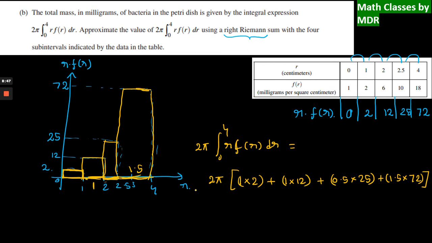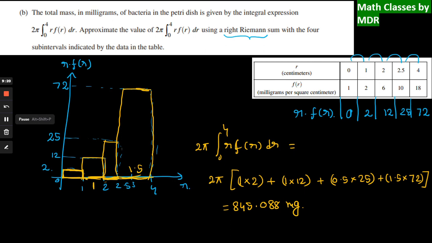On simplifying this, we'll get the value of 845.088 milligrams. So this is the total mass of the bacteria in milligrams in the petri dish.